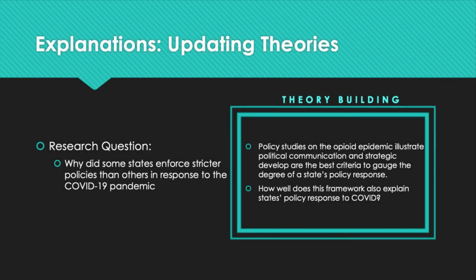Finally, updating well-established theories to a new topic is another way that you can yield a potential explanation for your research question. And again, this approach is going to require that you have a very solid and firm understanding of the literature and pre-existing theories out there. And I don't really think that this approach is super applicable to many people who are just writing their first research paper.